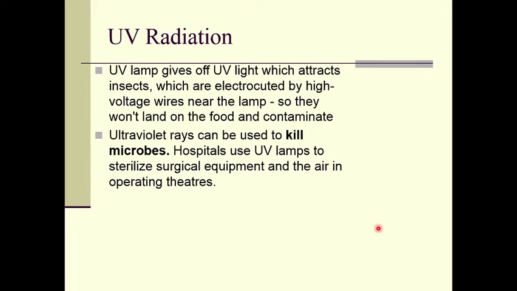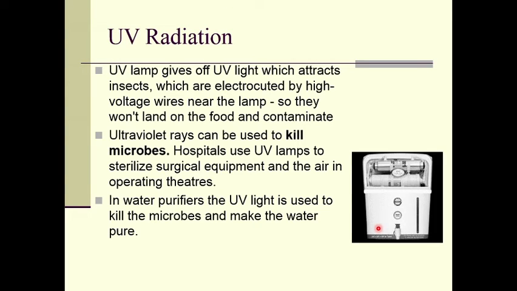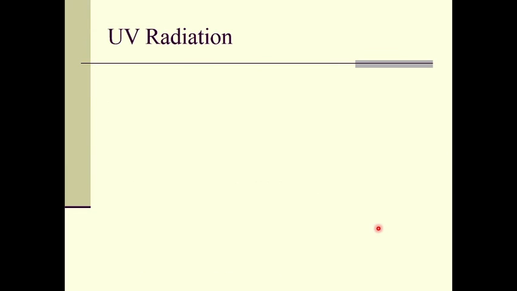Hospitals use UV lamps to sterilize surgical equipment and the air in the operation theatre. In water purifiers, UV light is used to kill the microbes and make the water pure, right? Food and drug companies also use UV lamps to sterilize their products.